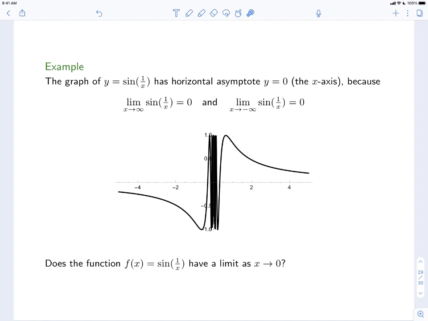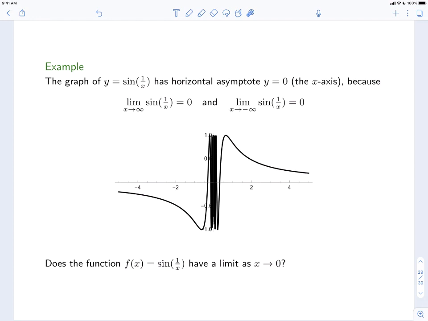But that doesn't mean that it never crosses it. It just means that as you move further and further away, eventually it's getting closer and closer. But it might actually cross the horizontal asymptote an infinite number of times. And in fact, it does that here. This graph oscillates wildly around y equals 0. So in fact, this graph crosses its horizontal asymptote an infinite number of times, but that's fine.